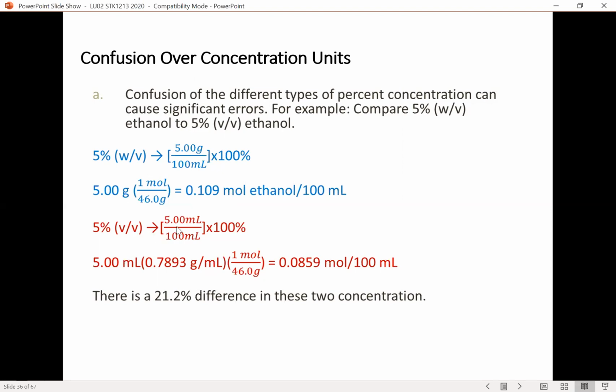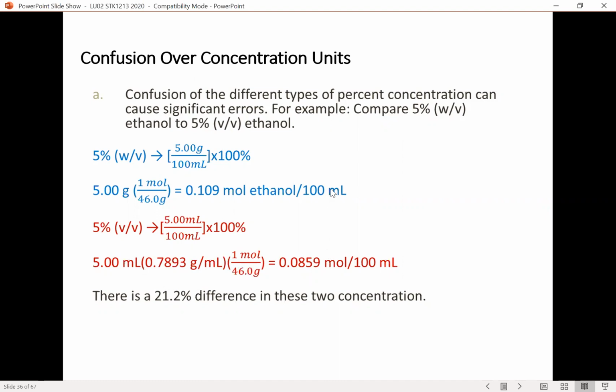Volume to volume means you have 5 ml of solute divided with 100 ml of solution times 100%. If you take out the 5 ml of ethanol and you convert it into mole, you have to use the density of the solution, which is ethanol, and then divide with the formula mass of ethanol. From there, you get the mole of the ethanol contained in 100 ml of ethanol solution.